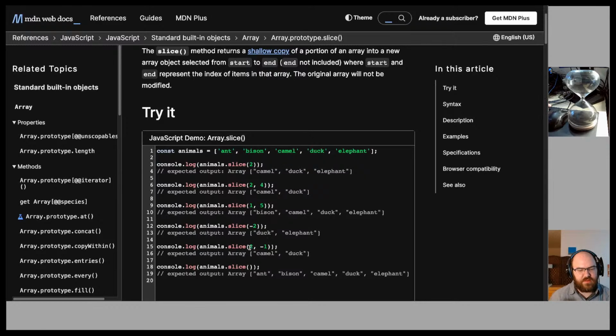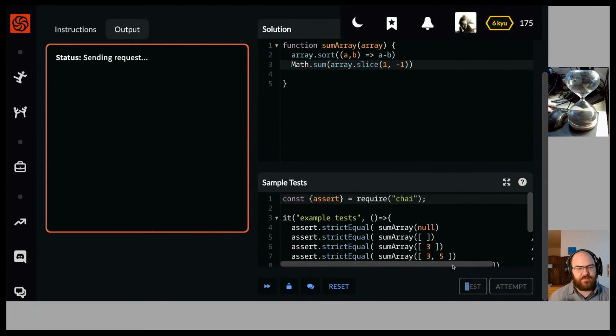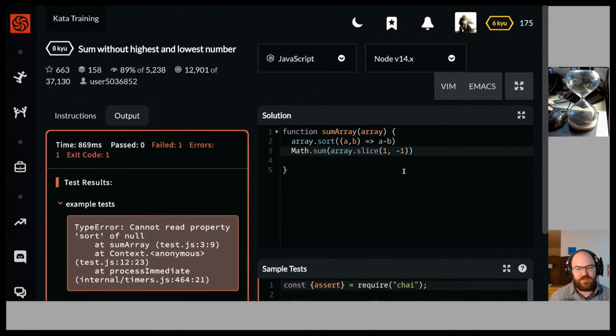Okay. Animals.slice 2, -1, except I want 1. Array.slice 1, -1. Cannot read property sort of null.